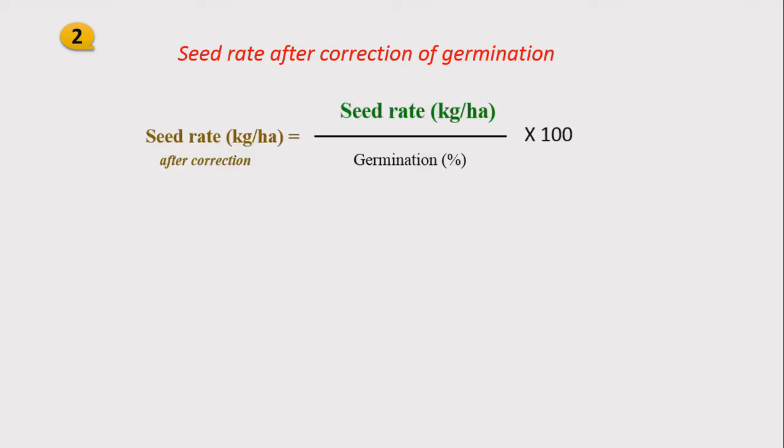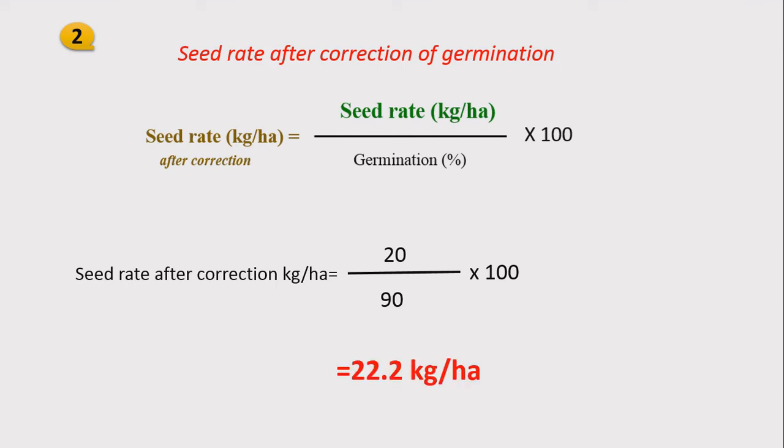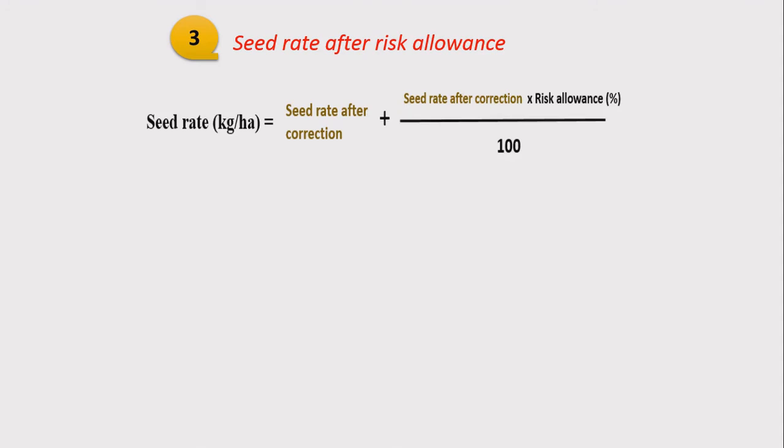Second step: seed rate after correction for germination is equal to the seed rate in kg per hectare calculated in the first step, divided by germination percentage into 100, which is 20 divided by 90 into 100, giving 22.2 kg per hectare. In the problem they have also given the risk factor, where the formula is seed rate after correction plus seed rate after correction into risk factor divided by 100.